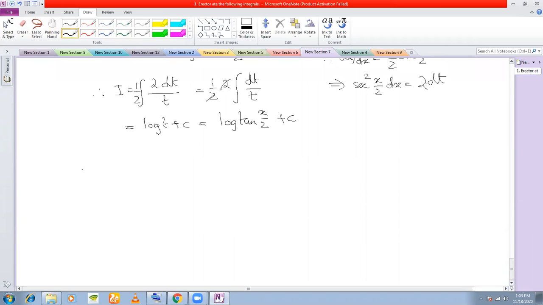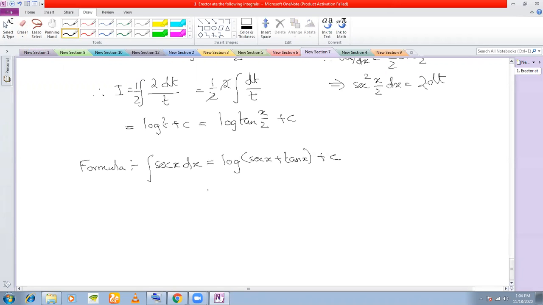Now sec x. The next formula can be done exactly similarly. I leave it to you as an exercise, but I'll show you two steps. First, the formula here is integral sec x dx is log sec x plus tan x, plus c.